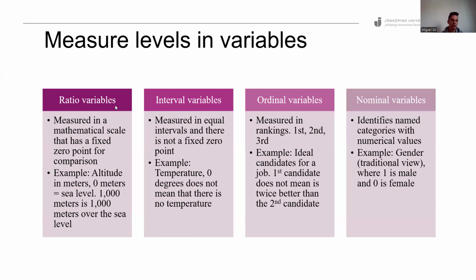So first we have two types of variables that I would like to put together because they are very similar: ratio and interval variables. These are variables where the difference between 1 and 2, 2 and 3, 3 and 4 is exactly the same. For example, with meters, the distance between 1 and 2 and 3 is exactly the same.